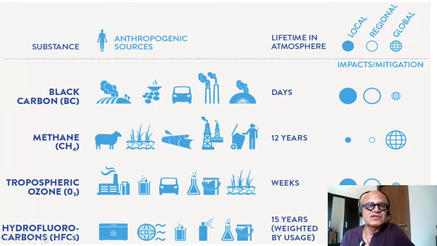And of course landfills, which are a big source of methane, and the lifetime in the atmosphere is about 12 years. Impacts tend to be local and also global, because in 12 years you can do plenty of global impacts.